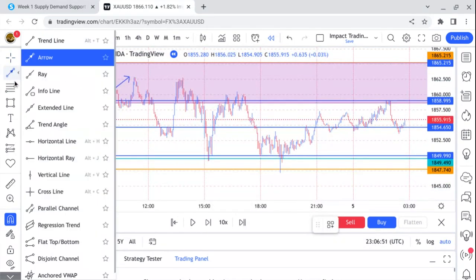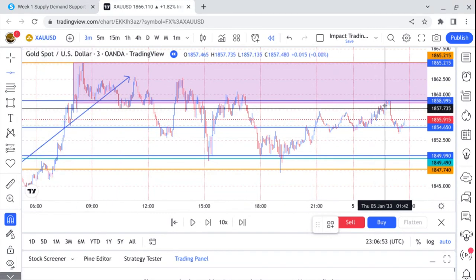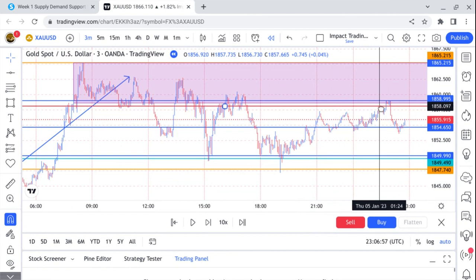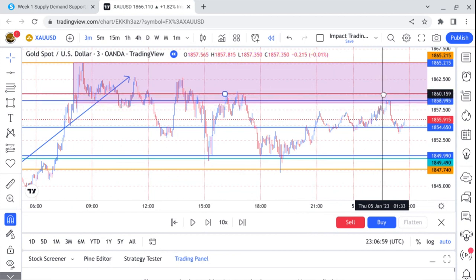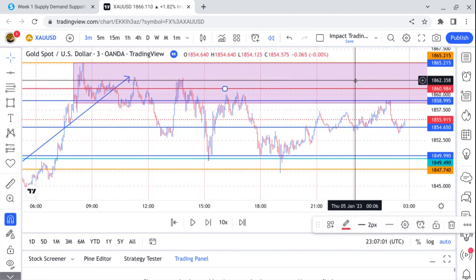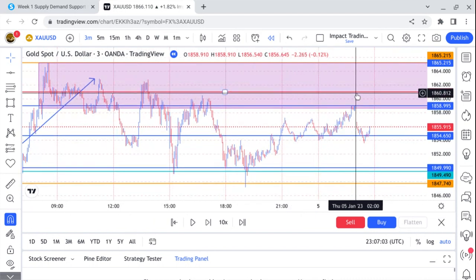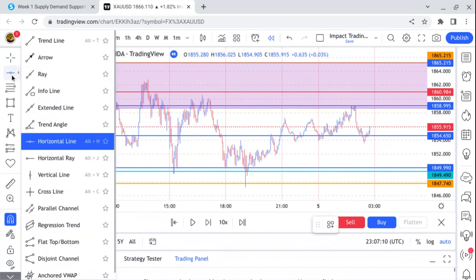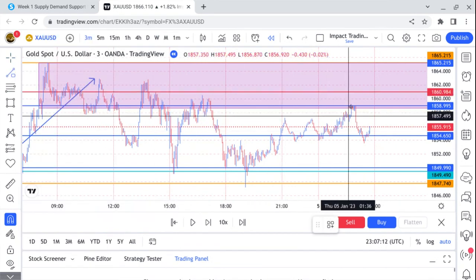If you traded this one on the 3-minute entry on an hourly trade, then you would have gone short here with this trade signal, and then you would have placed a stop loss right here. Very tight stop loss. And your risk to reward ratio is almost 3 to 1.